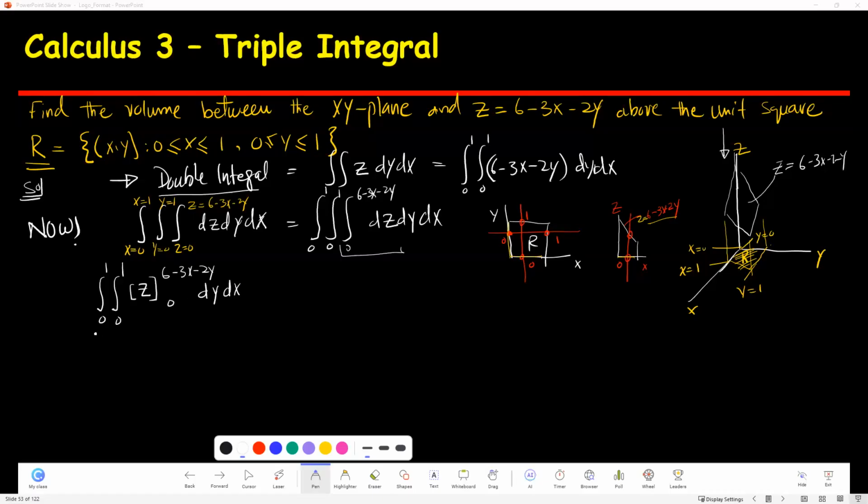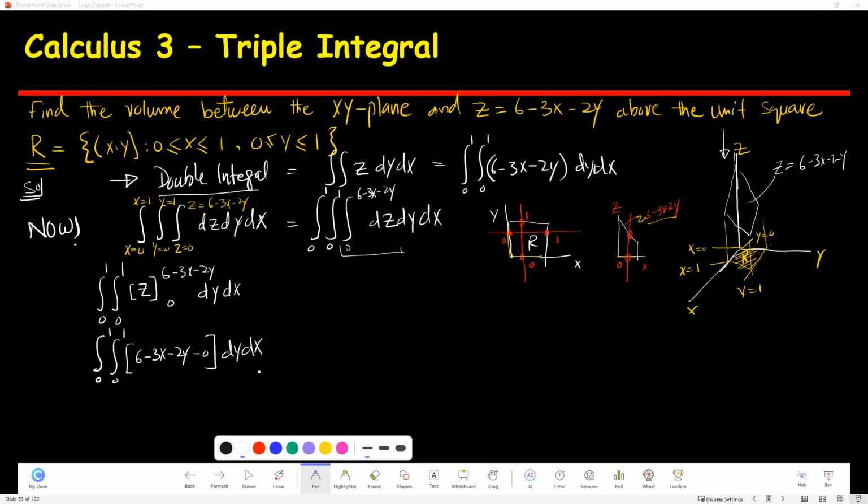Okay, I'm going to substitute the limit. It's going to be 6 minus 3x minus 2y minus 0, and dy dx.